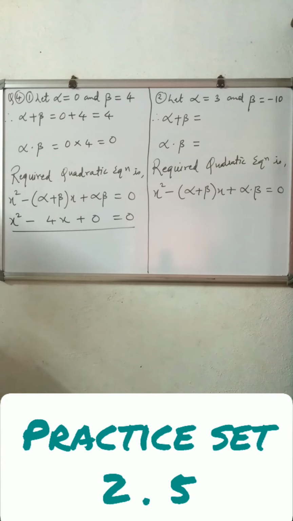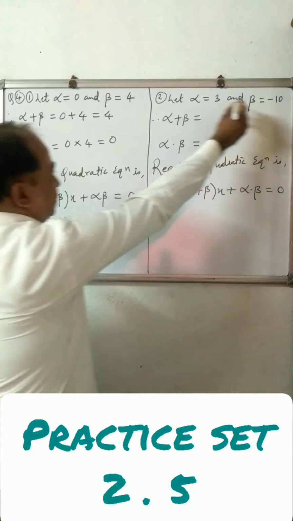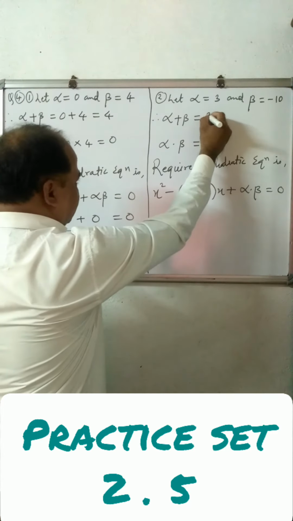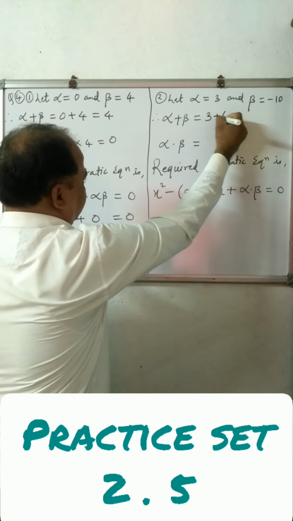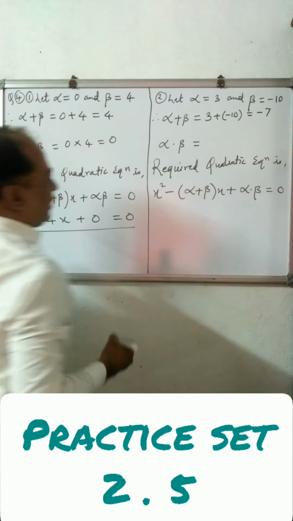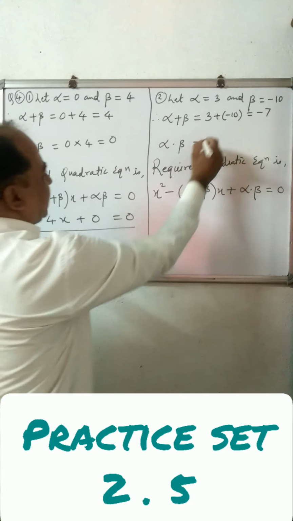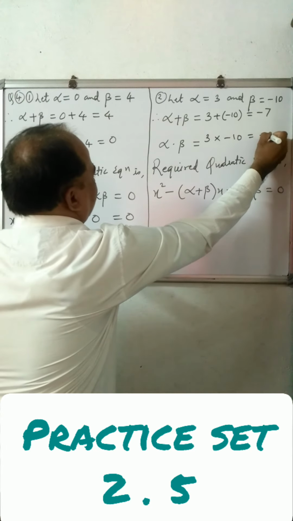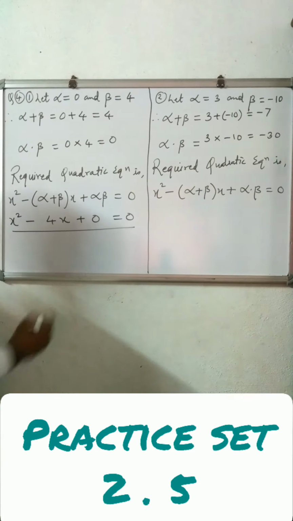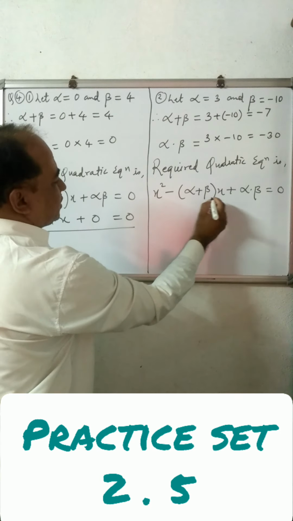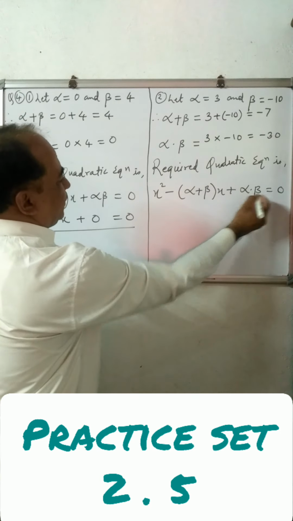Second example, 3 and minus 10. So let alpha equal to 3 and beta is equal to minus 10. So the sum of the roots, alpha plus beta, is 3 plus minus 10, which is minus 7, and alpha into beta is 3 into minus 10, which is equal to minus 30. So the required quadratic equation is given by the formula x square minus alpha plus beta x plus alpha into beta.